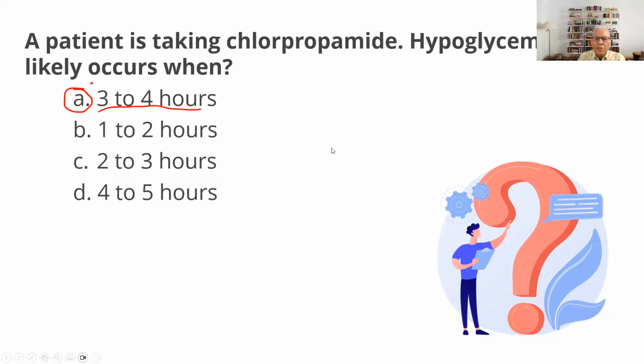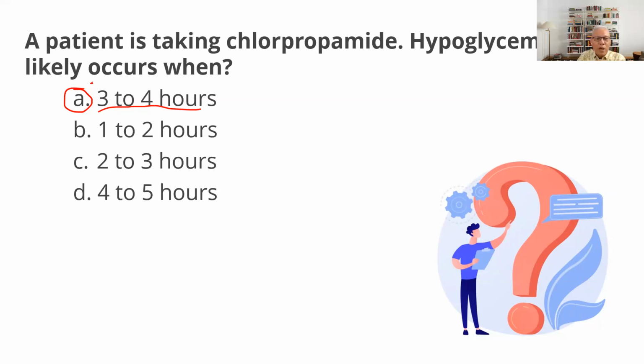And therefore, this is the time that they're most likely going to experience hypoglycemia. Okay, so similar to insulin, we have a peak effect. In these oral agents, you will also have peak effects. All right, so chlorpropamide ends with IDE, which means to say that this is a sulfonylurea.